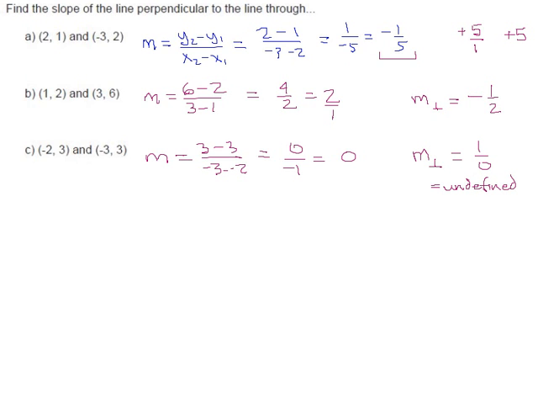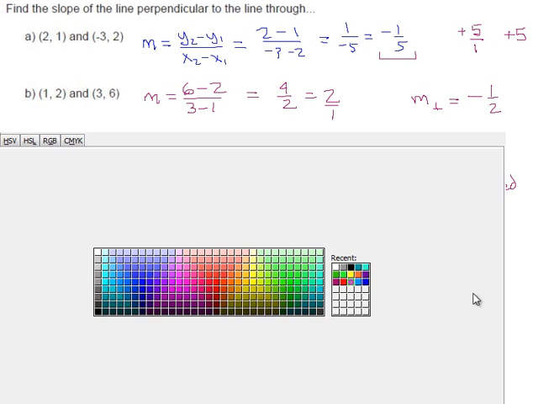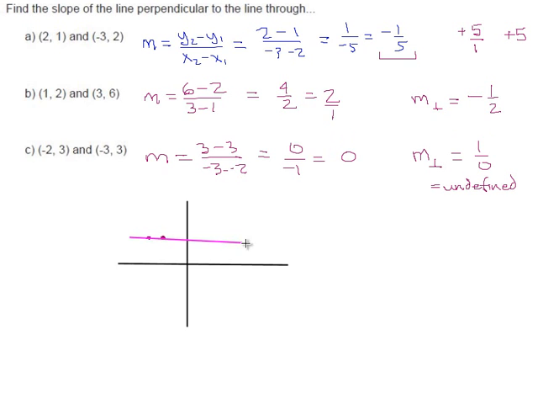It's not great that we don't have a number for the slope, but it's actually a valid result. The original line here went from negative 2, 3 to negative 3, 3. The original line was horizontal. That's why we came up with a slope of 0, so that part makes sense.